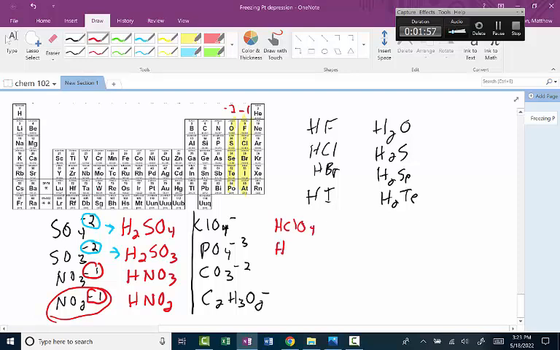HClO4. Now how many H's should we have? It's -3, so we'll have 3, H3PO4, and we should have 2 because it's -2, H2CO3, and acetic acid, HC2H3O2. So those are all the acids, and it's about recognizing the anion in there.